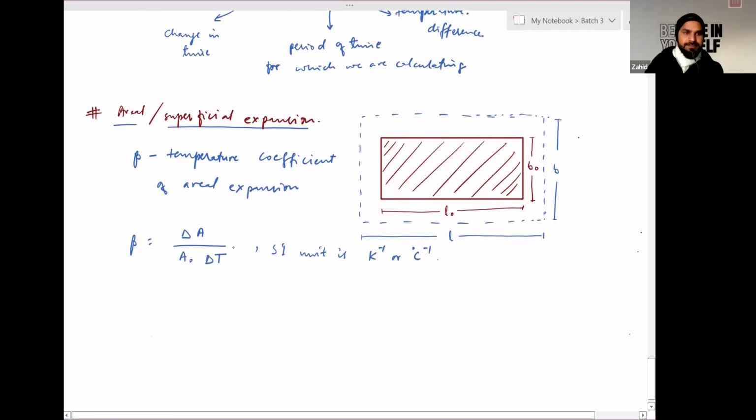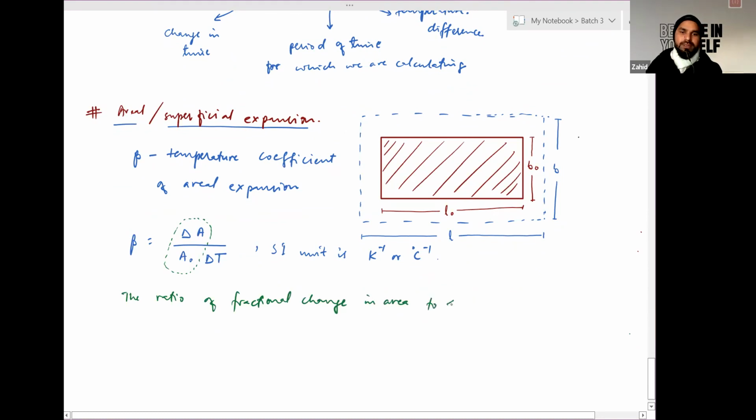Now for this part, since delta A divided by A is called the fractional change in area, and this delta T is the change in temperature, we may define this beta as the ratio of fractional change in area to the change in temperature.